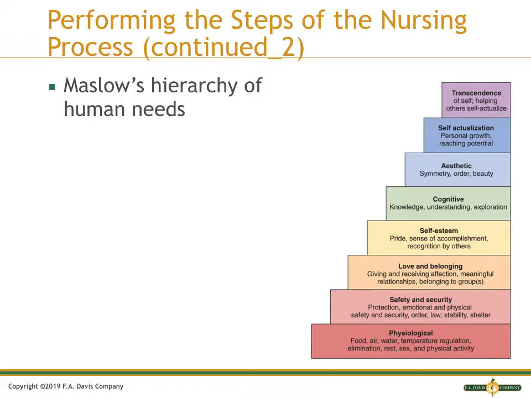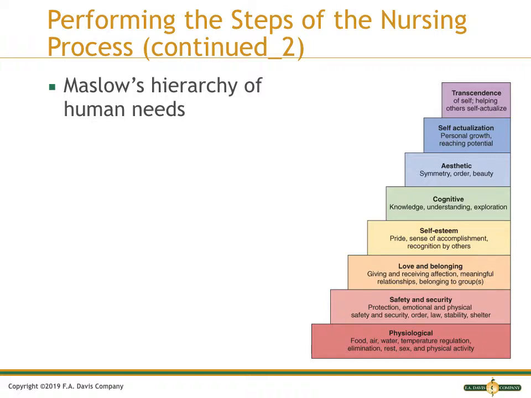Sixth is the need for beauty and order. Seventh is the need for self-actualization, personal growth, and reaching your potential. And then eighth is full transcendence. That is the top of the hierarchy. That is when the need to help others comes into play, and once you're able to do that, you are reaching your highest potential.